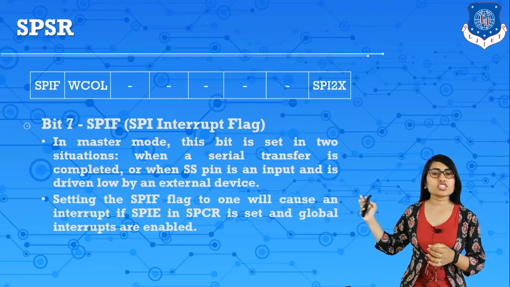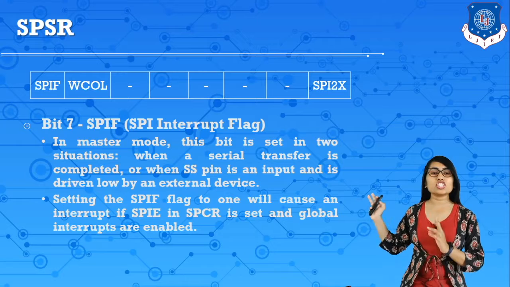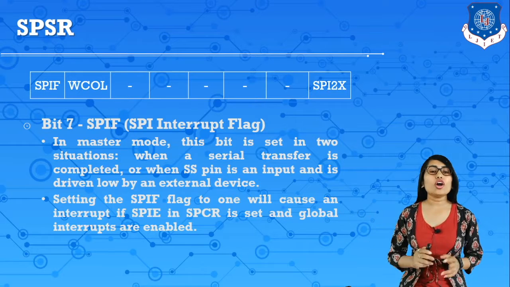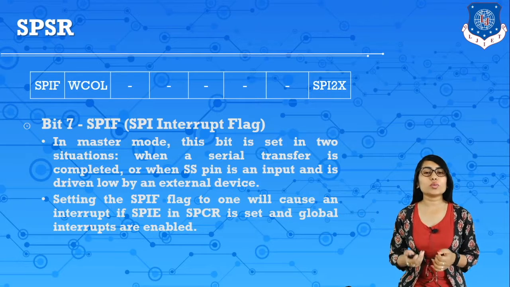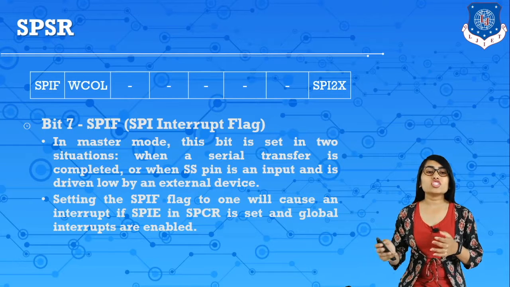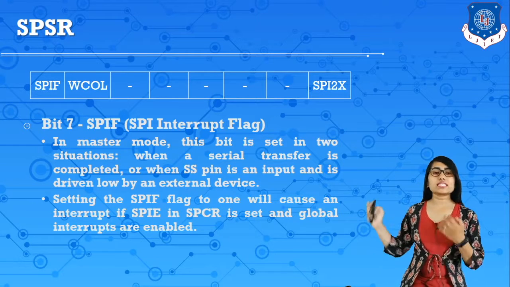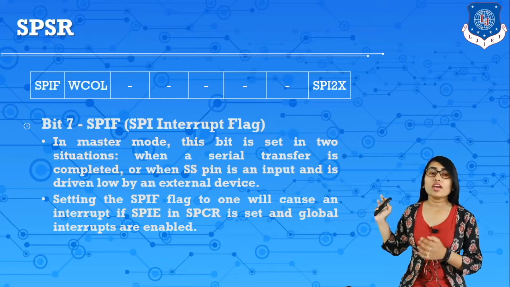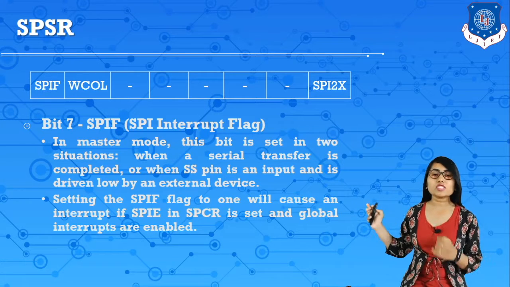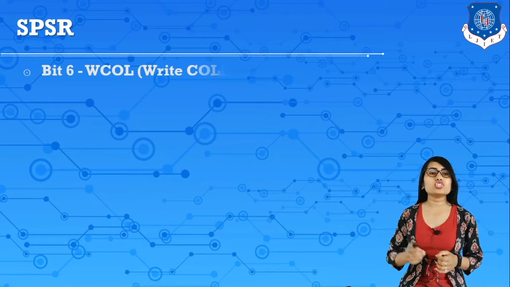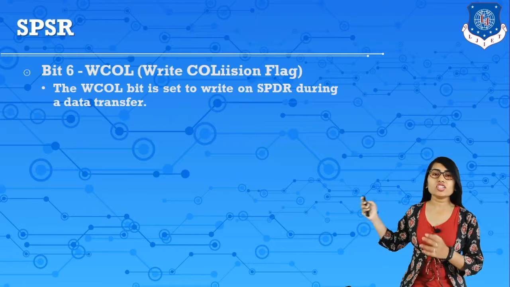In master mode, this bit is set in 2 situations: when a serial transfer is completed, or when the slave select pin is an input pin and at this time is driven low by an external device. Setting the SPI flag to 1 will cause an interrupt if SPIE in SPCR is set and global interrupts are enabled. Then next is WCOL, that is write collision flag.